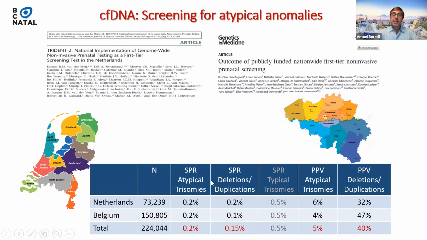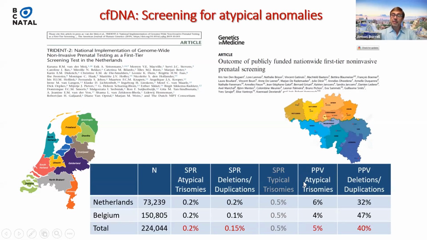And here is the screen positive rate. We have already the screen positive rate for atypical trisomy. It's low, only 0.2%, not much. And for deletions, duplications it's 0.15%, also low. Remember that for typical trisomies together it was 0.5%.